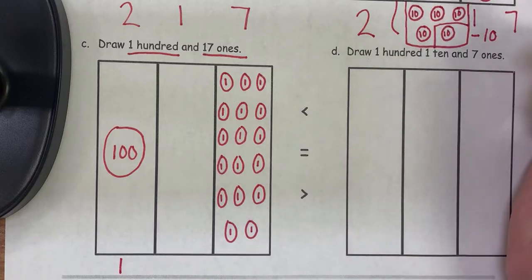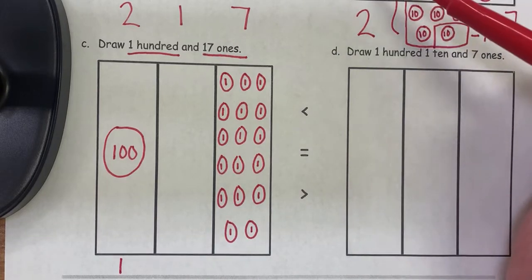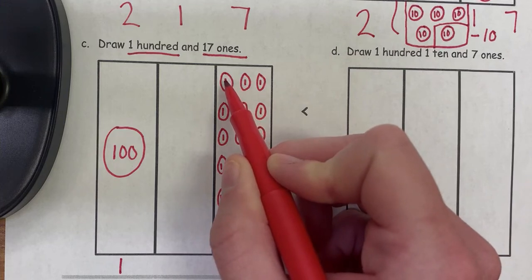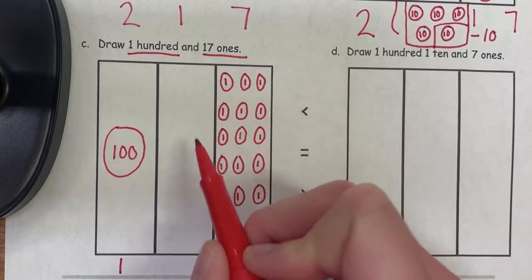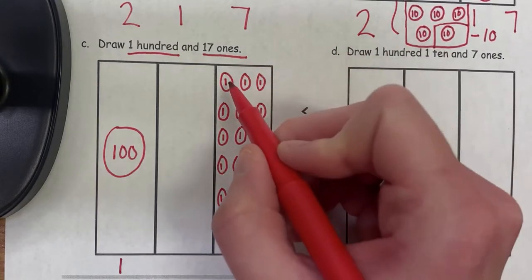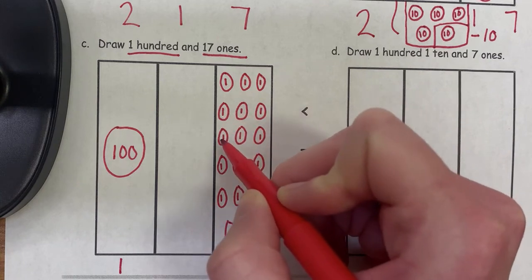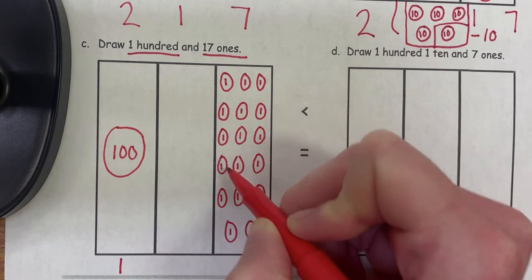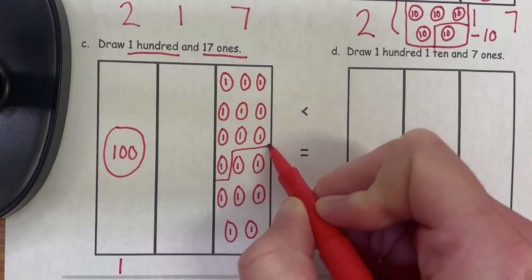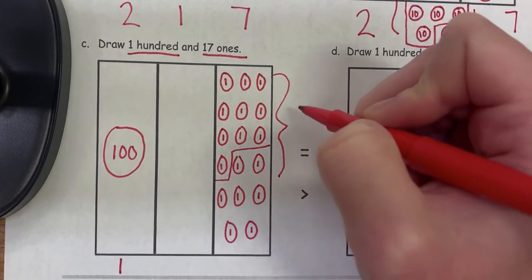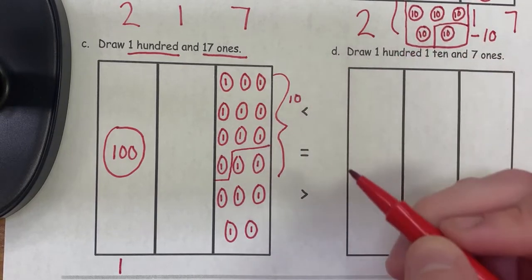But just like we did up in our top box, what we can do is we can add up 10, and then we can move that over into our tens place. So let's count 1, 2, 3, 4, 5, 6, 7, 8, 9, 10. So this right here gives us our 10.